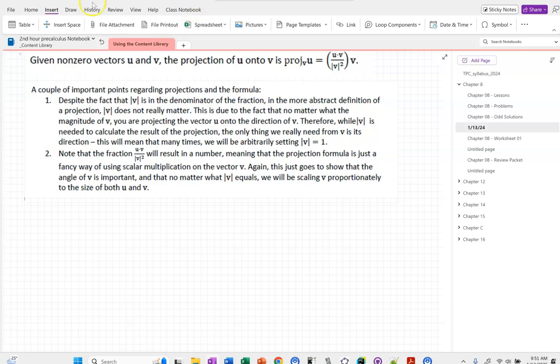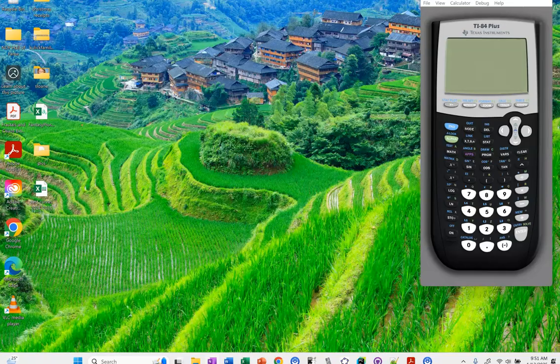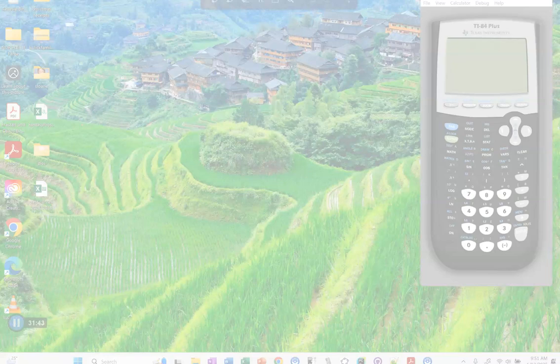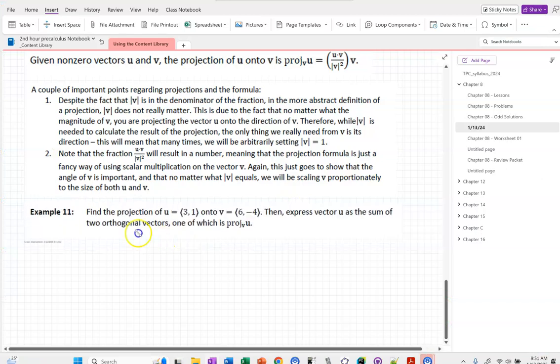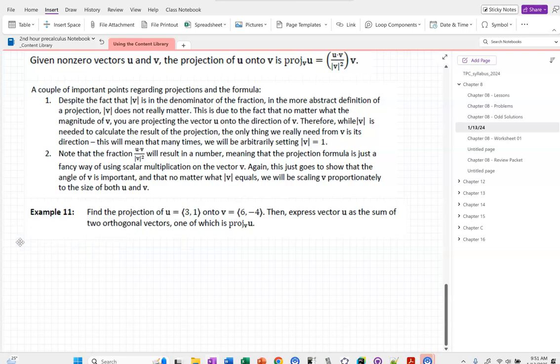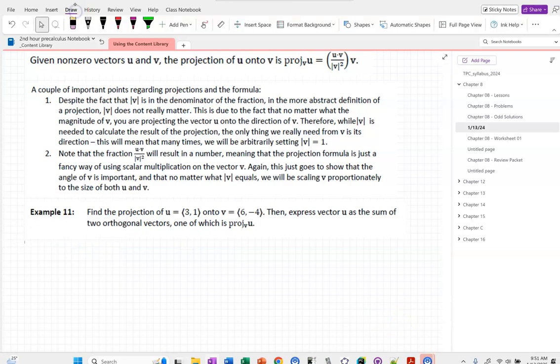All right, let's do some examples now on just computing a vector projection. Okay, it says to find the projection of u onto v, and then it says to do some other stuff, but let's do that part first. So there's my projection of u onto v.